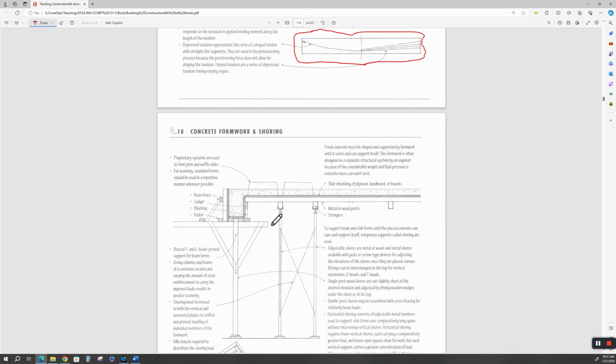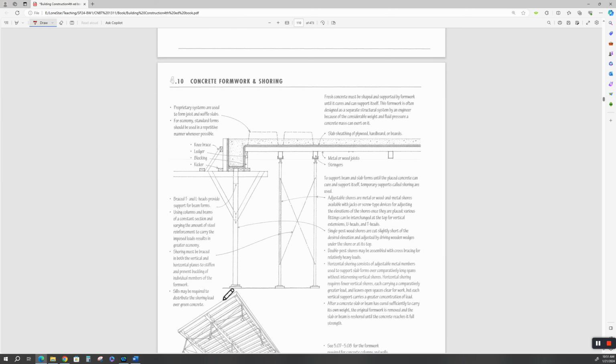Here's a cast in place concrete floor. This would be like on a second or third floor. This could be the ground foundation, or it could be the second, third, fourth, fifth, sixth, all the way up floor. Okay. Now, he says these are proprietary systems, and I guess they could be proprietary. They've been around for a million years.